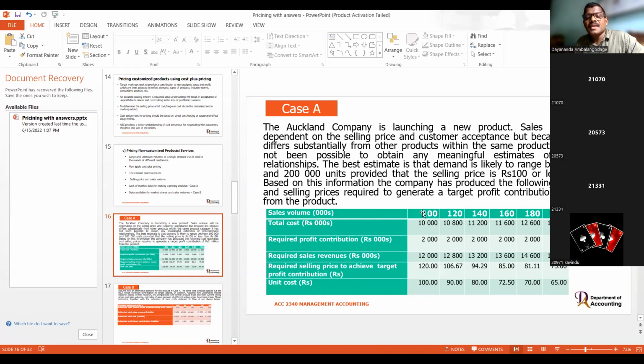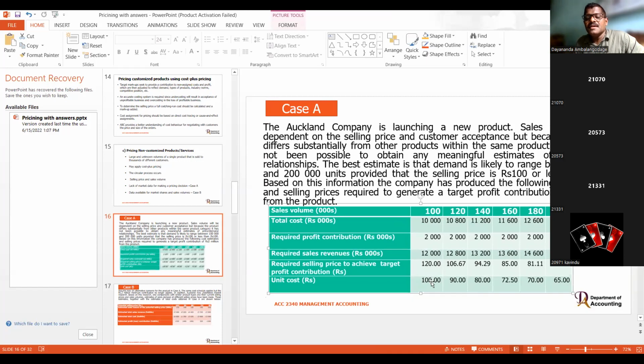So here, regarding sales volume and total cost, when the price is 100, sales volume is 100,000. When the price is 90 rupees, it's 120,000. So it's less than 100 on the scale. And they have given the costs also, and you add your contribution, the expected profit.